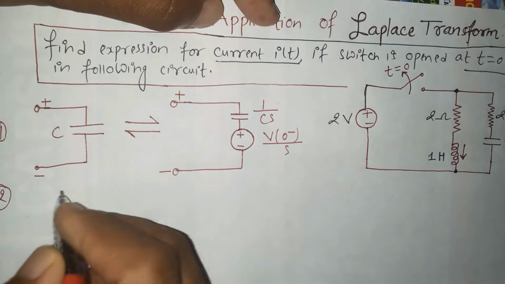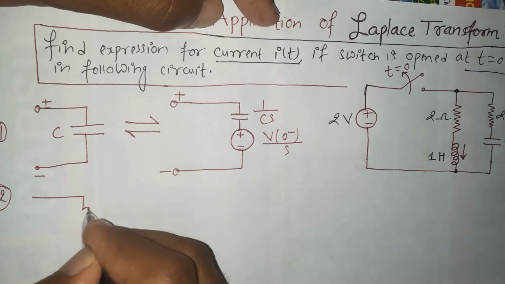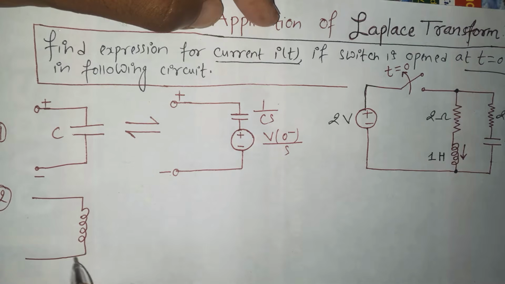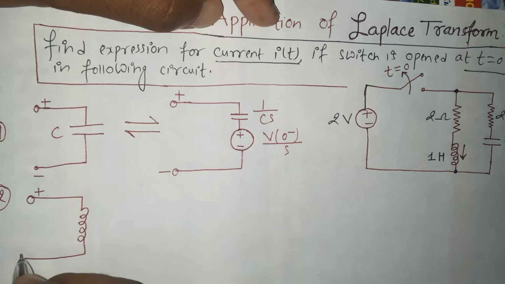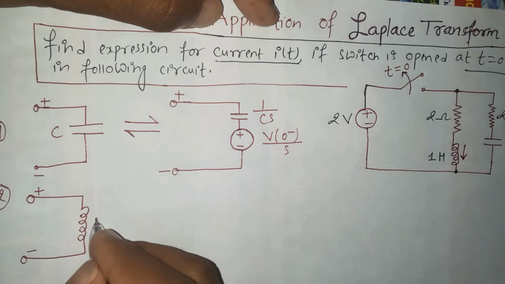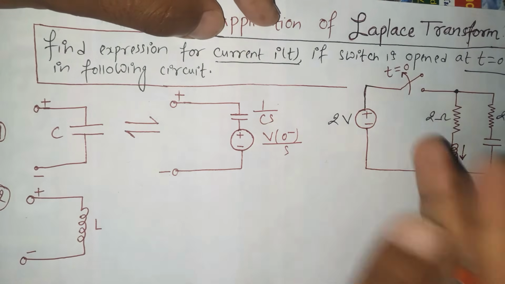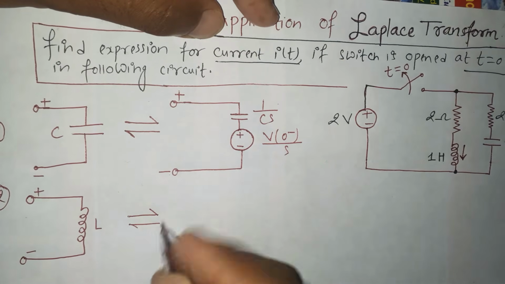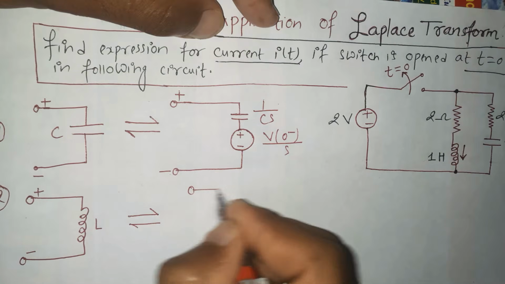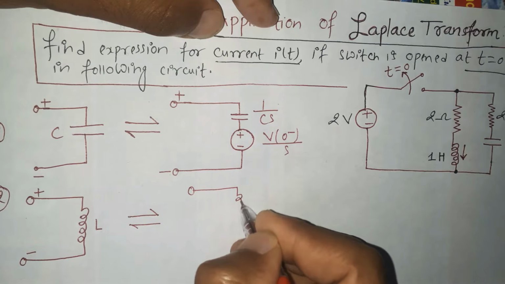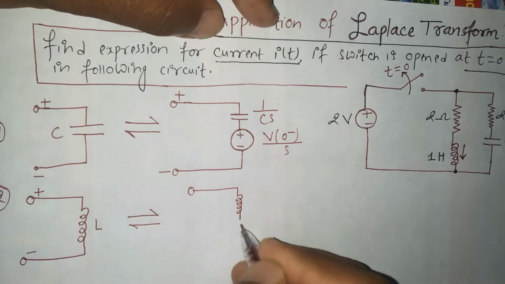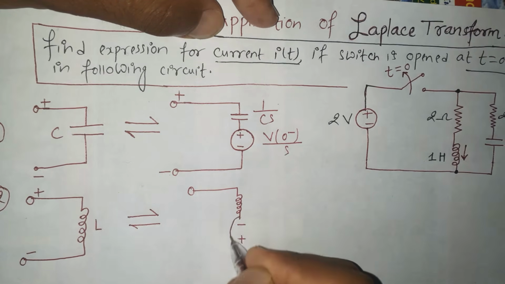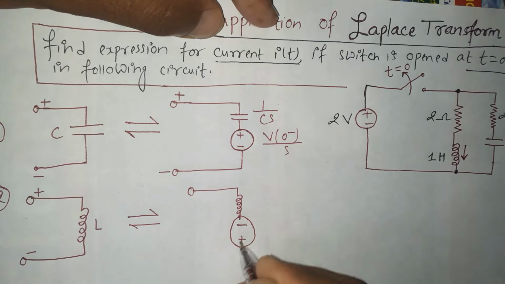Similarly, we can convert the inductor. If the inductor is in the circuit, then we have to convert it into the corresponding S domain. This is the positive terminal and this is the negative terminal. This is an inductor with inductance L, and it is changed into the corresponding S domain. Here the inductor is as it is, but with an extra voltage source.